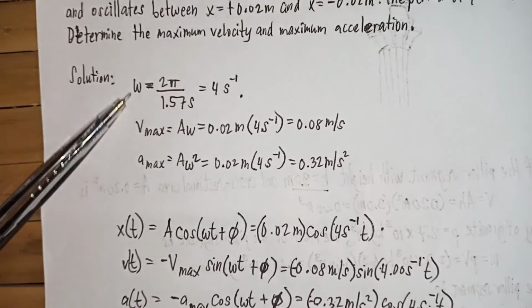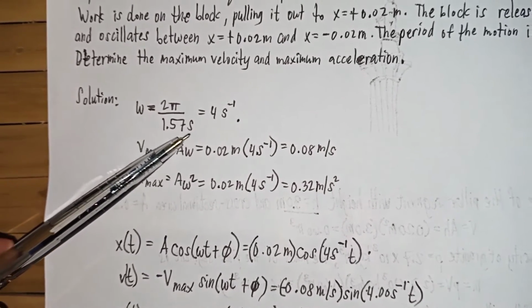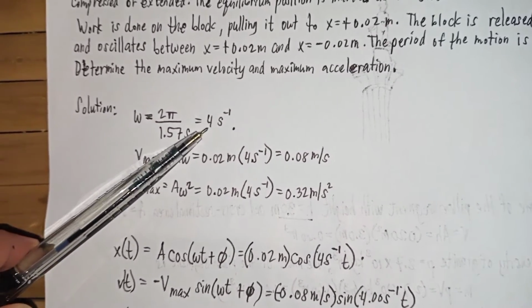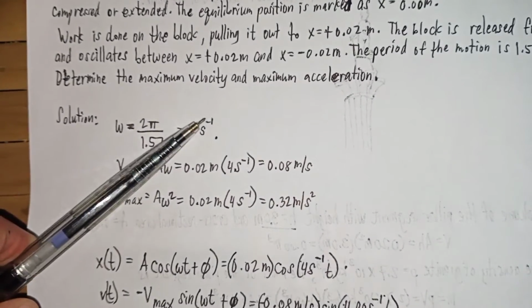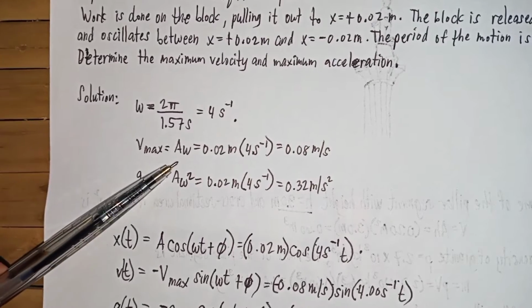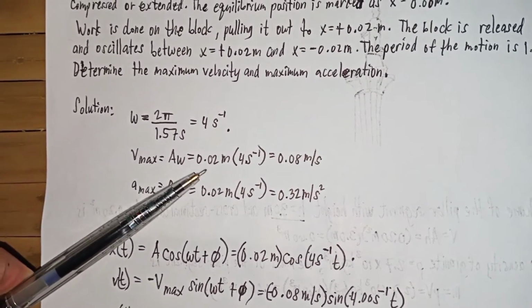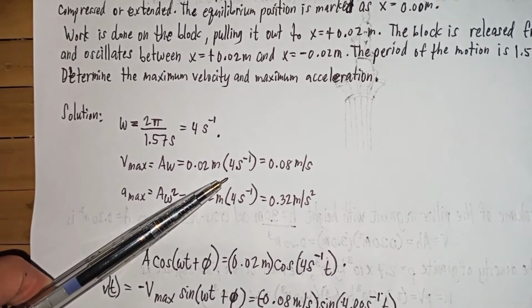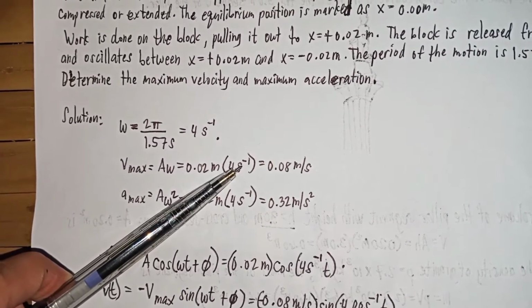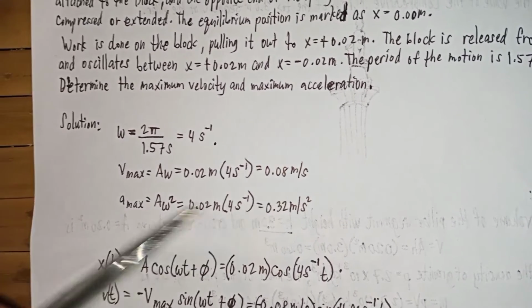Angular frequency equals 2 times pi over 1.57 seconds equals 4 s to the power of negative 1. Then the maximum velocity equals amplitude times angular frequency equals 0.02 meters times 4 s to the power of negative 1 equals 0.08 meters per second.